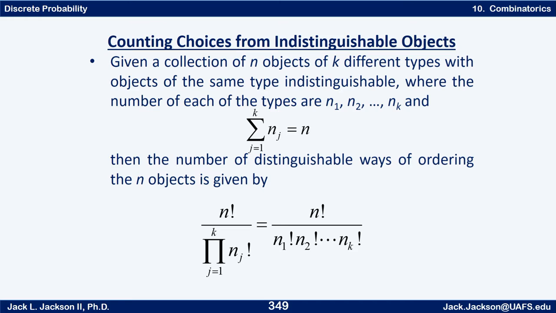So that's n factorial over n1 factorial, n2 factorial, n3 factorial, all the way up to n sub k factorial. Just like the one we just did with abracadabra.